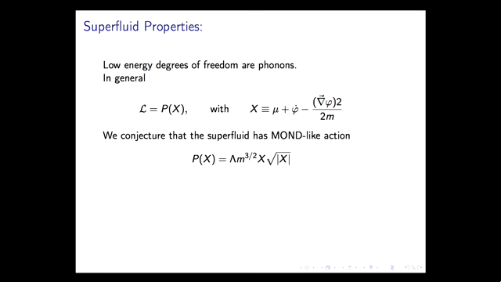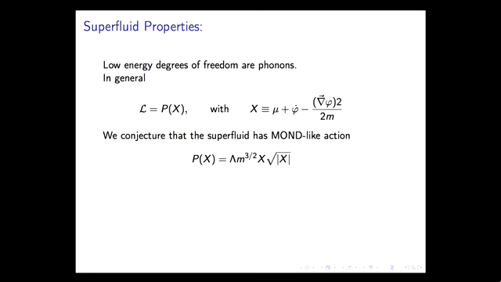So this is where our story differs from their story. If you combine all the constraints, there are tensions. It's hard to satisfy constraints coming from getting flat rotation curves and also satisfying the Bullet Cluster bounds. So the story in our case is different, because we do not use the profile itself to generate flat rotation curves.